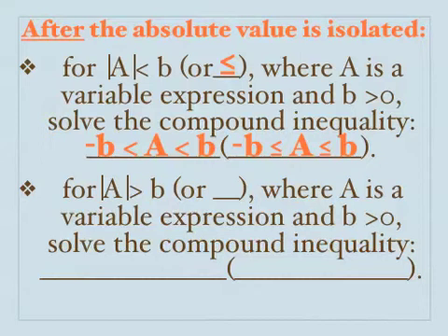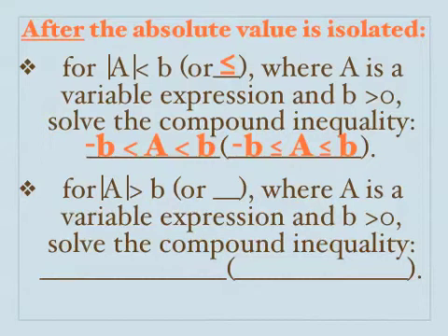We've already talked about solving compound inequalities, and we could have either and or or compound inequalities. So if you have the absolute value less than or equal to a positive number, it's going to be an and compound inequality.